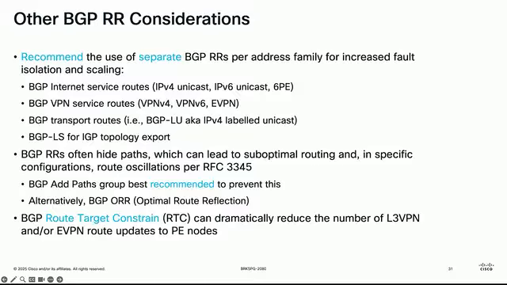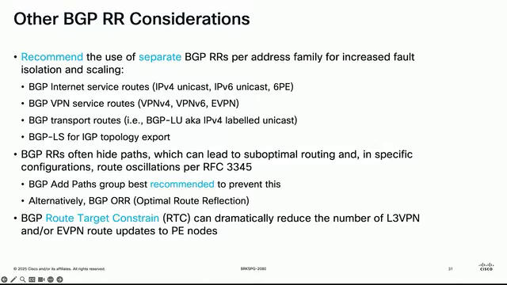And so BGP add paths mitigates those issues. But if you're unable to enable it, an alternate option is BGP optimal route reflection. With BGP ORR, the route reflector computes the best path not based on its view of the topology, but based on the view of select clients within the cluster.